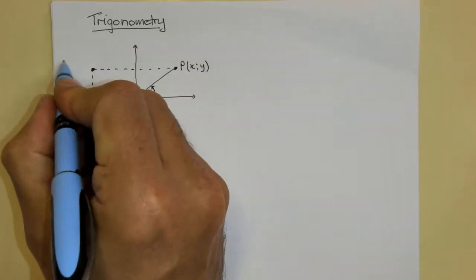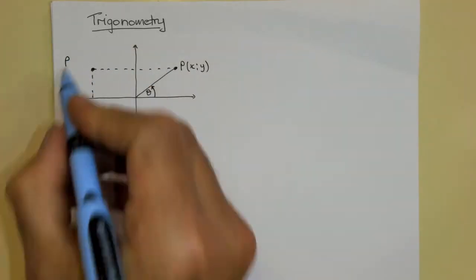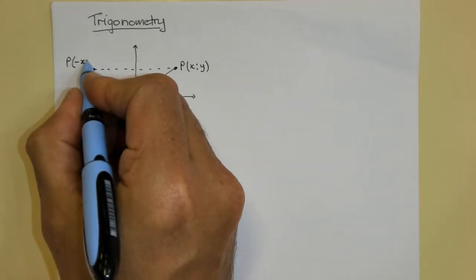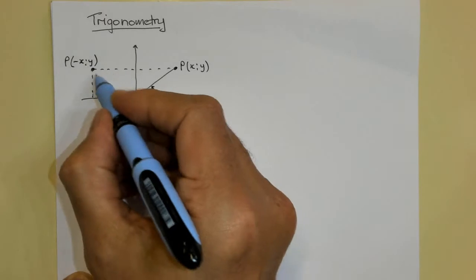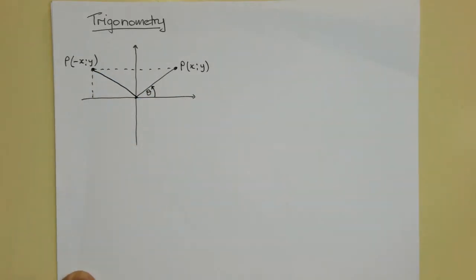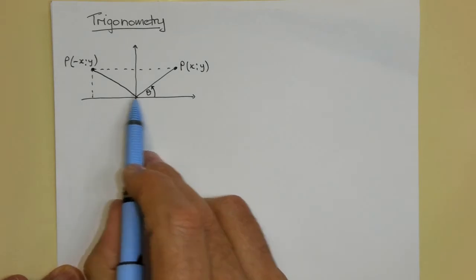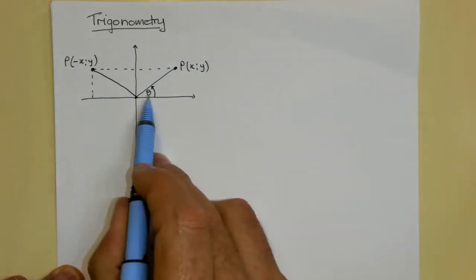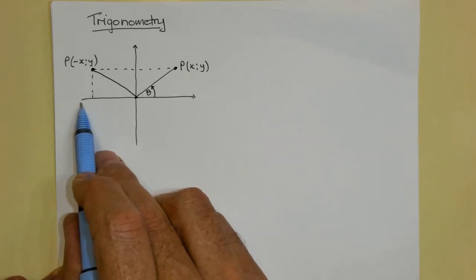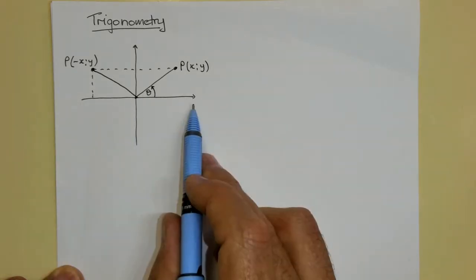So point P will now lie at this point, which is a minus x and still the same positive y value. So if I draw in my terminal arm over here, you can see that we are forming two angles that are actually equal to one another if I look at it from this perspective, from the horizontal.